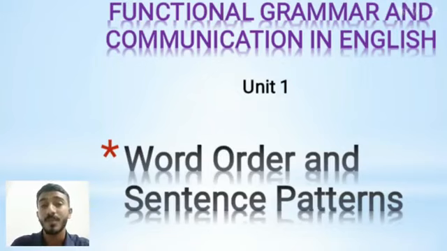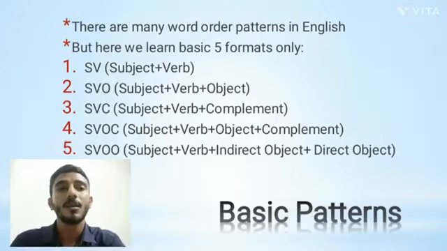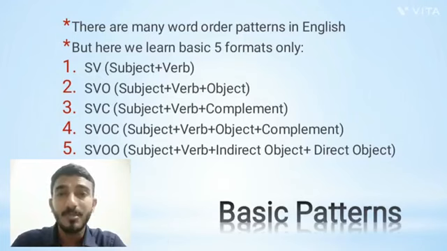In this lesson, you only have to learn 5 important sentence patterns and word orders. It doesn't mean that there are no other sentence patterns or word orders in English. If you search, you'll get more. But these 5 are very important and common in English.